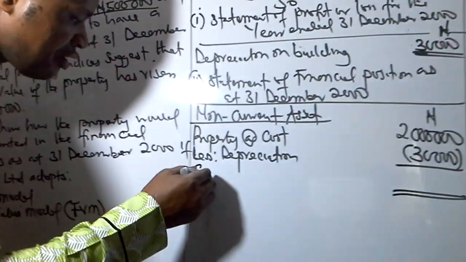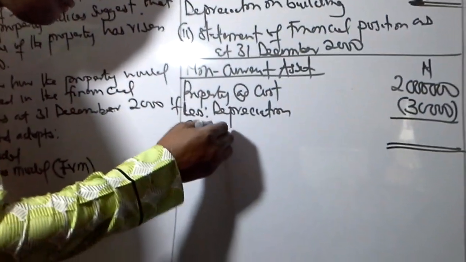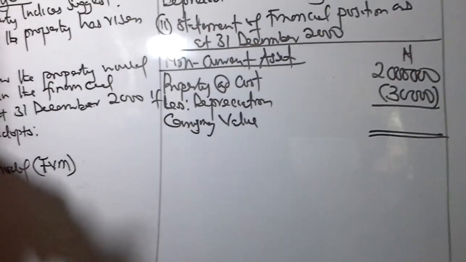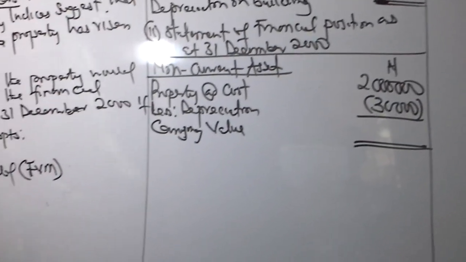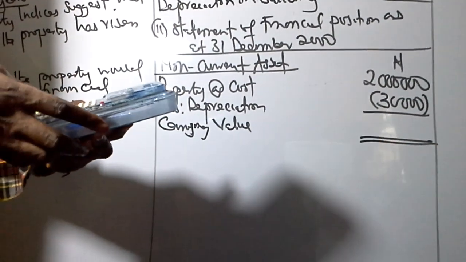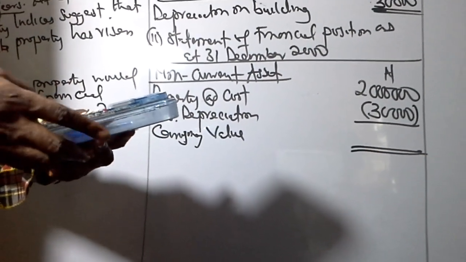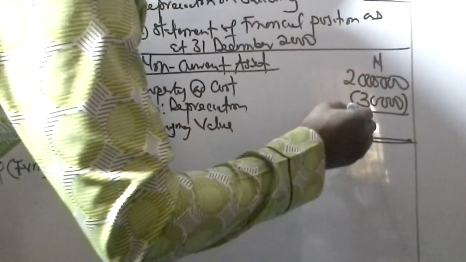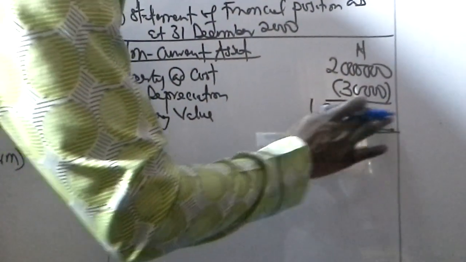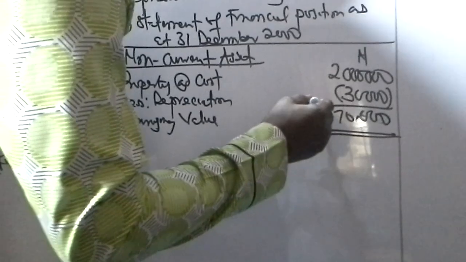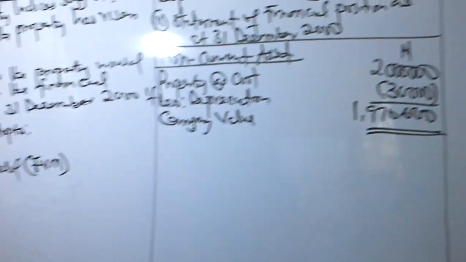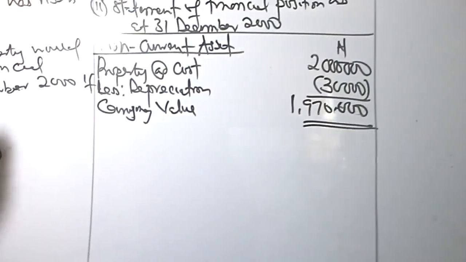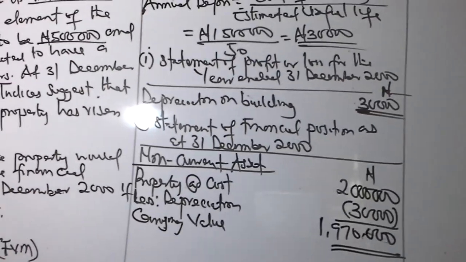This is the carrying value of the property at the end of this year. That will be 1,970,000. So under the cost model, this is the treatment. Is that clear? So let's see now.